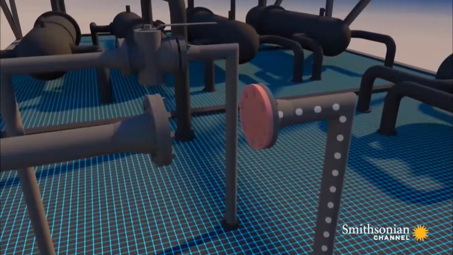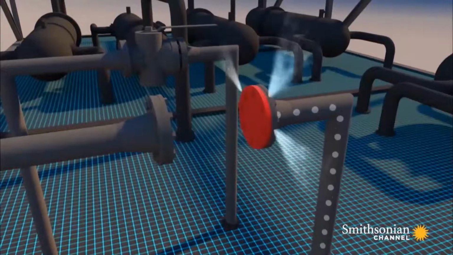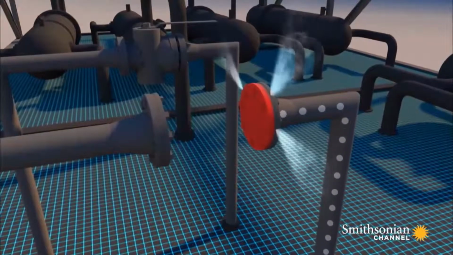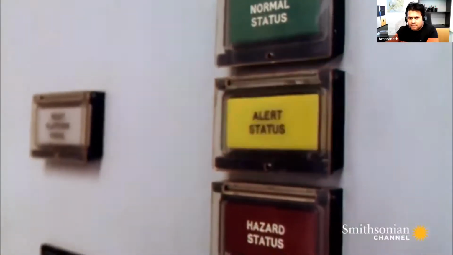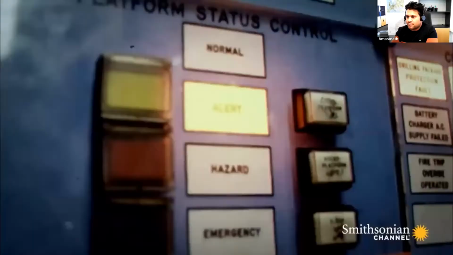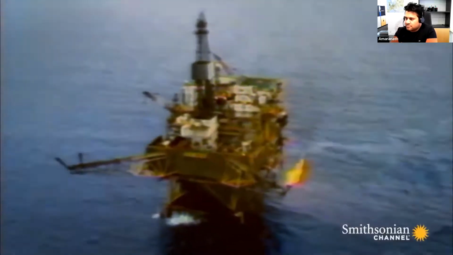The faulty pump is switched back on. Then, at 9:55 p.m., disaster. A spark suddenly ignites the escaping gas, and an explosion rips through the rig.